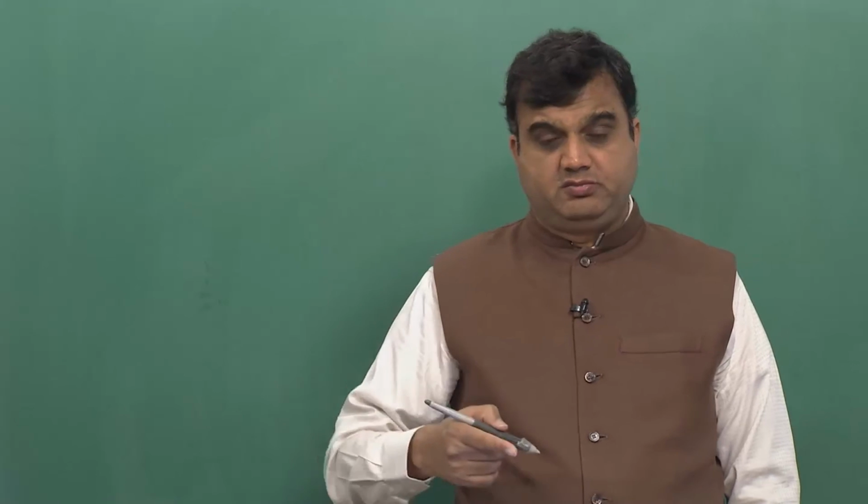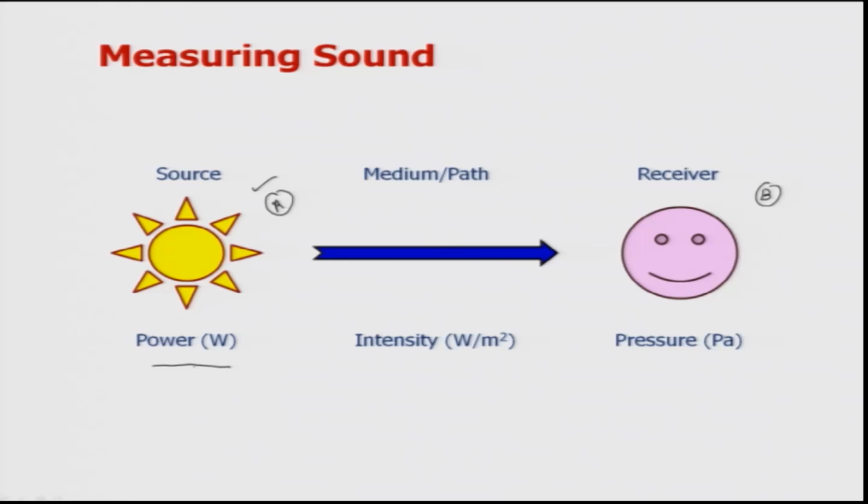The first one relates to how much power is being generated when sound is being produced. So, we can measure sound in terms of power. The other parameter is intensity. What does that mean? When sound is propagated across a particular area, how much power is flowing through that area.